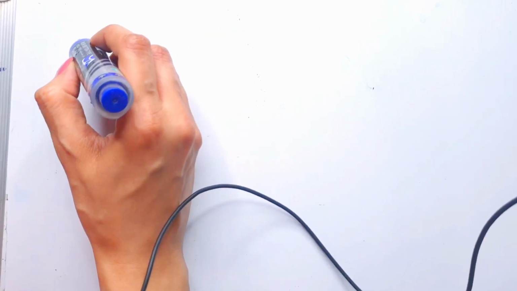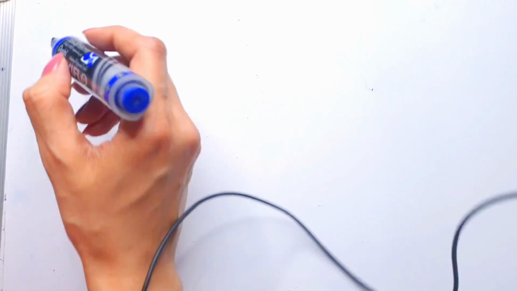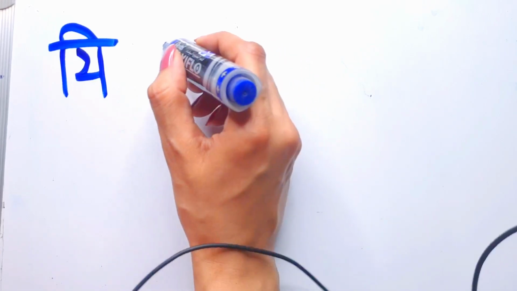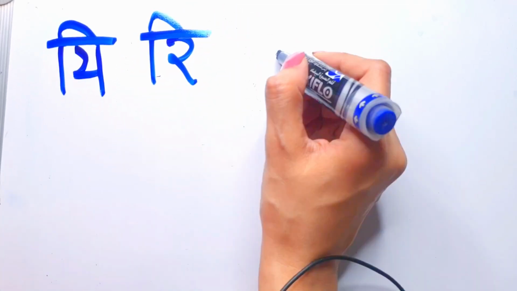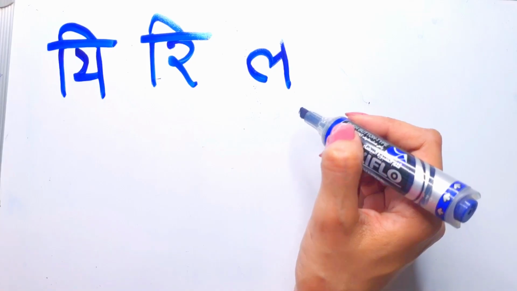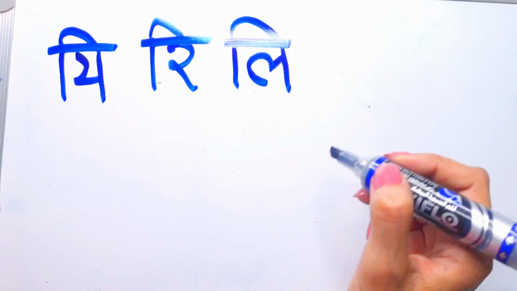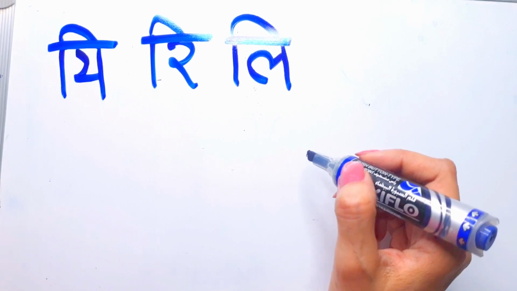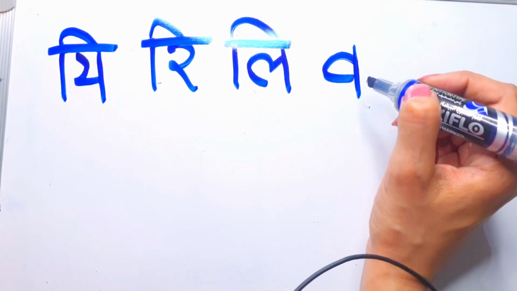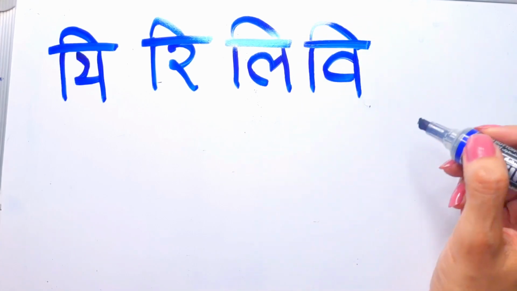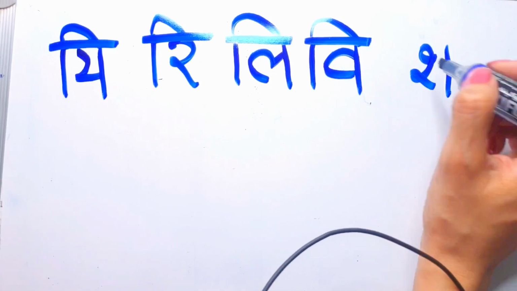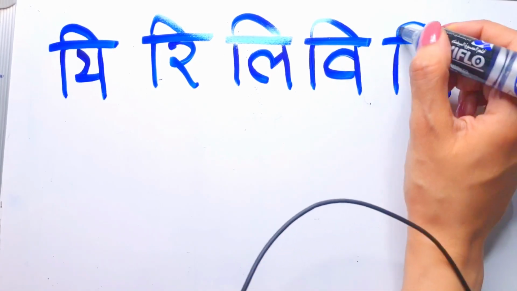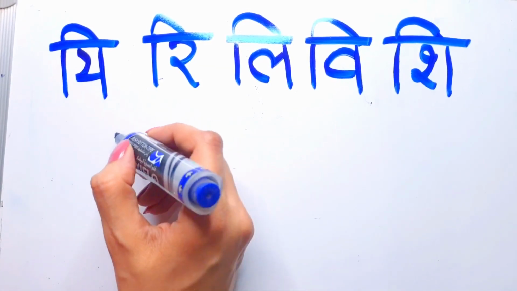Then we have ya, yi, ra, ri, la, li, va, vi. And sha, shi. And the same way for the last ones also.